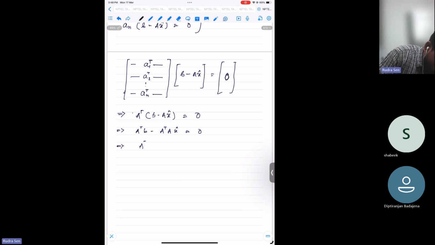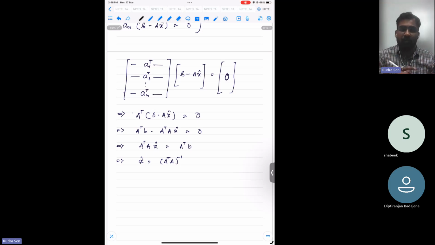So here what we get: A transpose A x hat equals A transpose B. So x hat equals, multiplying both sides with the (A transpose A) inverse. So why does this inverse exist?